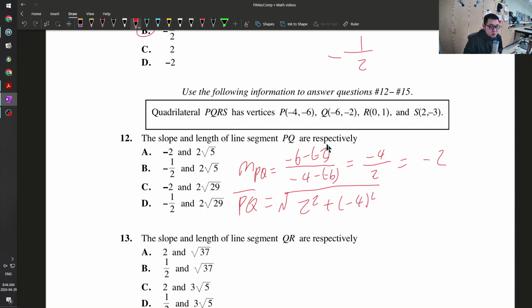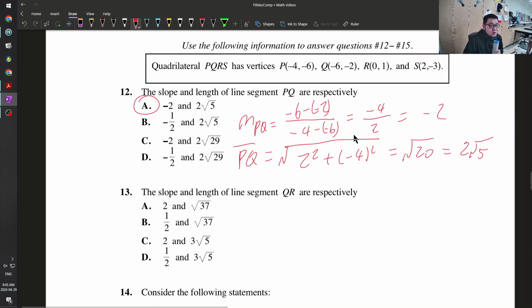This is y2 minus y1. Did I do something wrong? No, I didn't. So 2 squared is 4, 4 squared is 16, so root 20. Simplify, that is equal to 2 root 5. So negative 2 and 2 root 5, 12 is A.